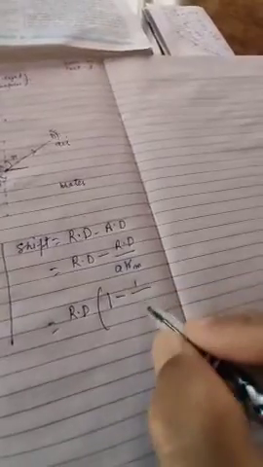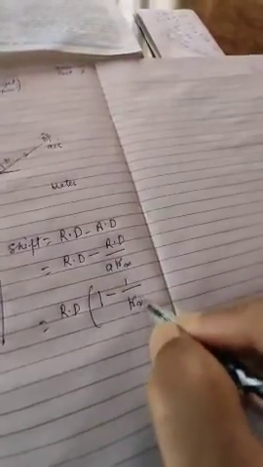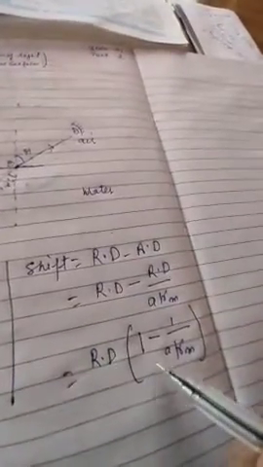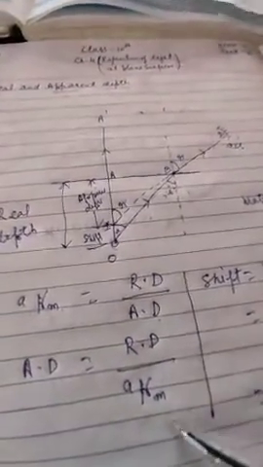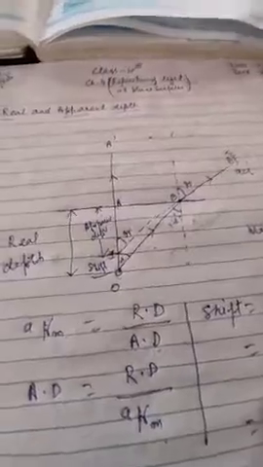So just take RD common. What is left? 1 minus 1 upon refractive index of the medium with respect to air. So this is the formula of shift, and this is the formula of refractive index of the denser medium with respect to air, RD upon AD, and AD is equal to RD upon the refractive index.